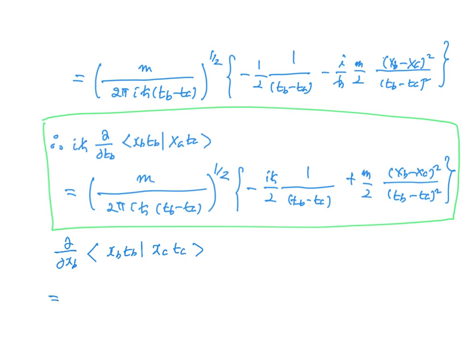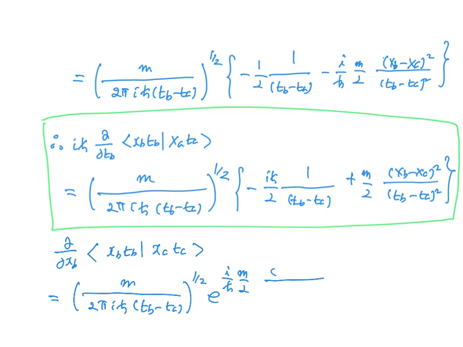The factor doesn't contain any dependence on xa or xb, so we just leave it there. However, the exponential component contains (xb minus xa) squared over tb minus ta, so we have to differentiate this.